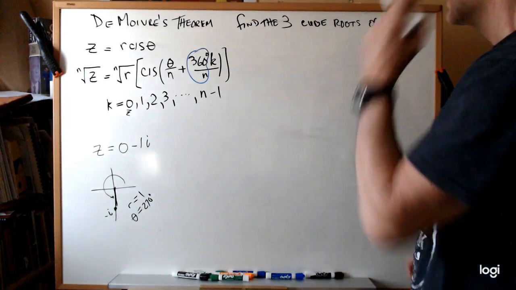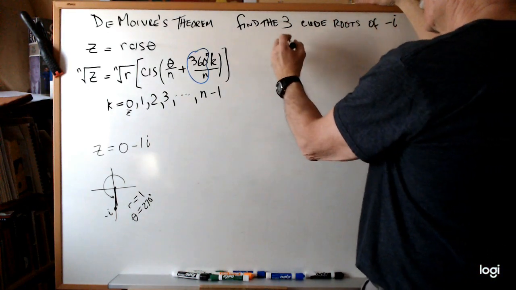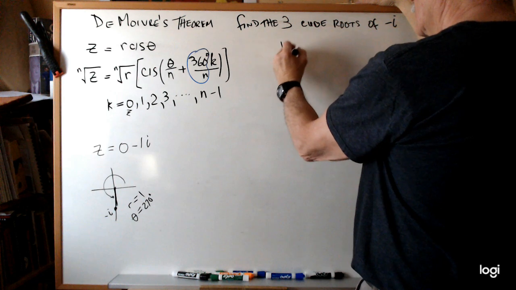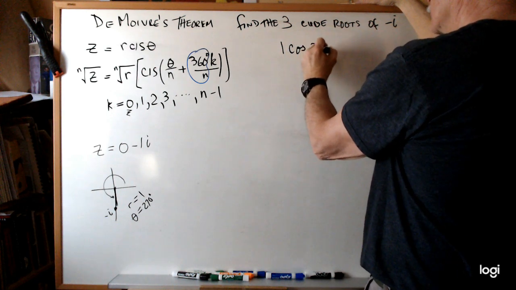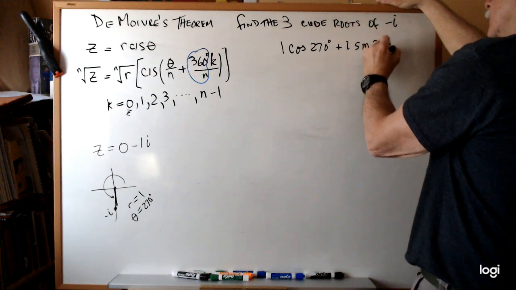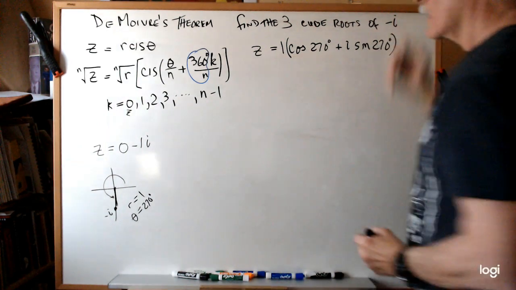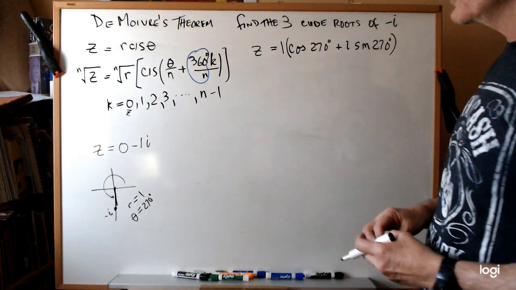So what we're trying to do here is our Z is 1 cosine of 270 plus i sine of 270. Okay, this is our Z. And what we're going to do is find the cube roots.